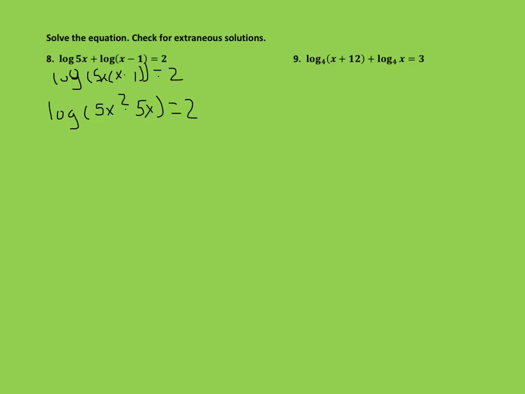So then you can go 10 to that power, because that's the base, 10 to that power. Because remember, if log doesn't have a base written, the base is 10. So those cancel out, so I have 5x squared minus 5x equals 100. Subtract the 100 over.